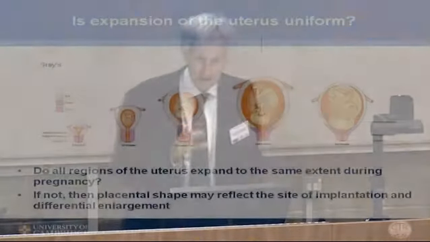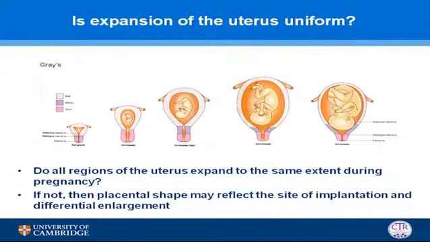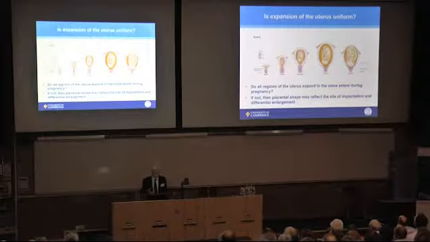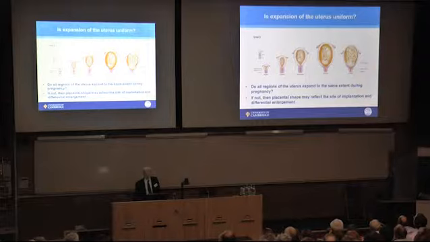Again, it is very difficult to find any quantitative data, but this is taken from Gray's Anatomy. I don't know how accurate this is. I think this is an area where we need modern imaging to tell us more about the expansion of the placenta and the expansion of the uterus. Because if you look at this, we've certainly got an expansion of the fundic region here at this stage compared to here.